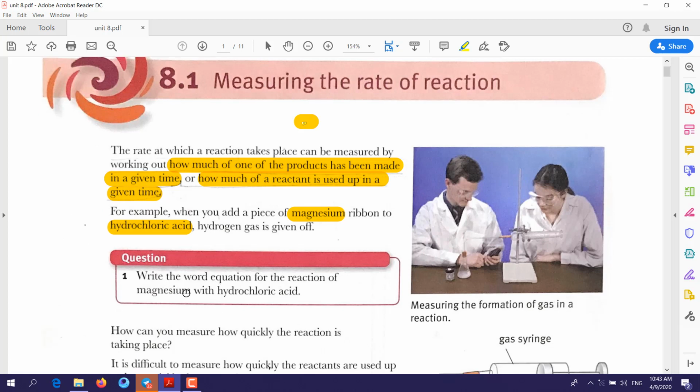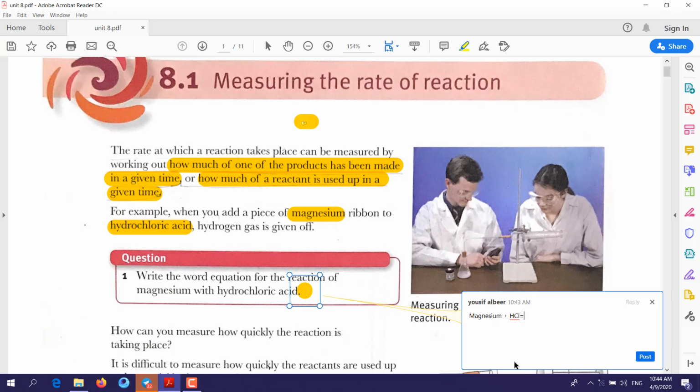Question. Write the word equation for the reaction of magnesium with hydrochloric acid. How to write this? Firstly, we have magnesium plus hydrochloric acid equals. Here, if you remember, we have a metal with an acid.